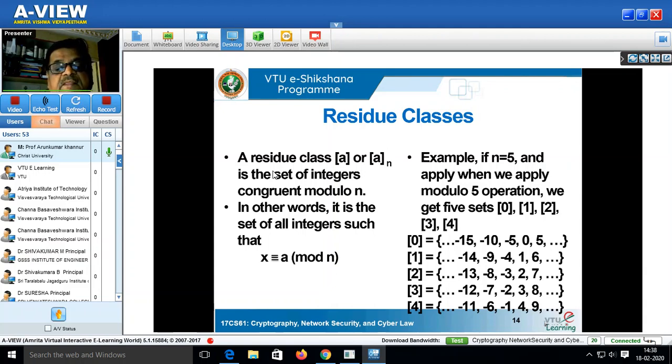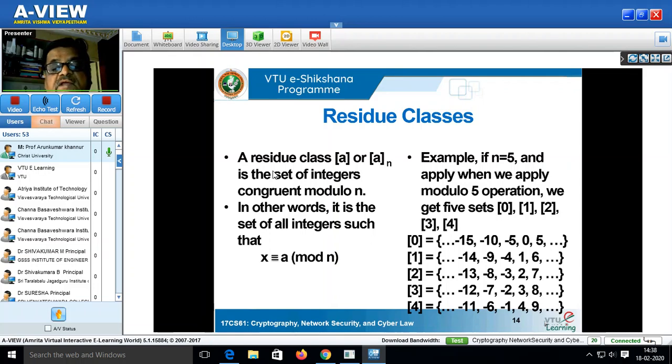Similarly, the class 1, represented within the square bracket as [1], considers all the values from the set of integers Z which give rise to residue 1. So minus 14 mod 5 gives residue 1.